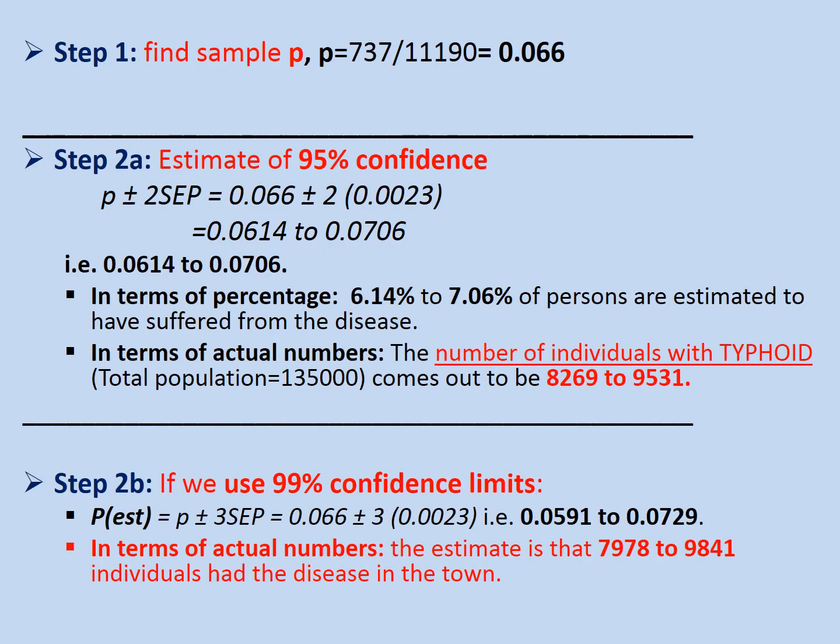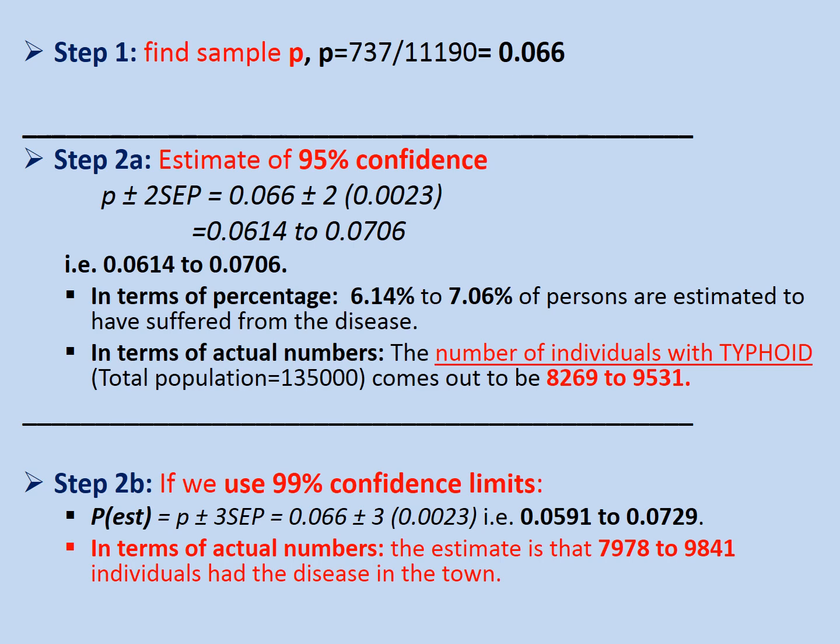The first step to estimate the proportion of persons with typhoid in the whole population is to find the sample p, as we don't know the population proportion. It is our task to find out the population proportion of typhoid, the capital P. So here we assume we have the data about the sample p. Sample p is a divided by n.